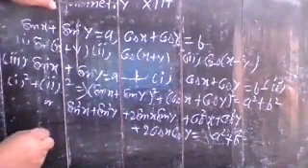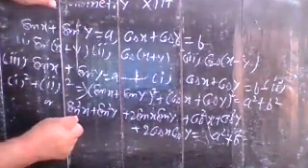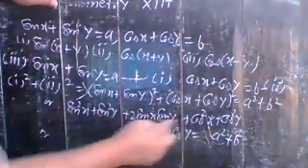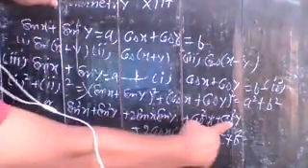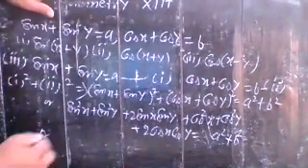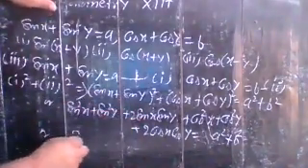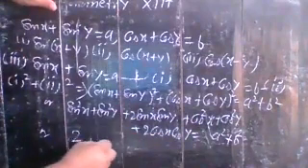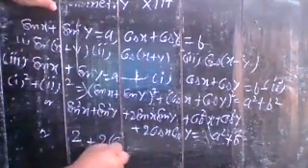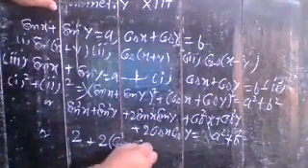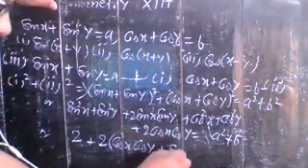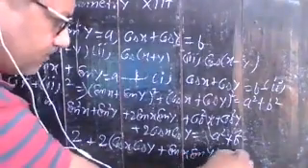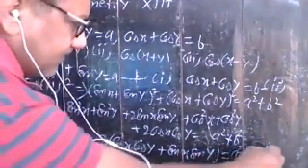Just see, sin square x plus cos square x is 1, and sin square y plus cos square y is equal to 1. So here you have 1 plus 1, that is 2, plus 2 common: cos x cos y plus sin x sin y is equal to a square plus b square.